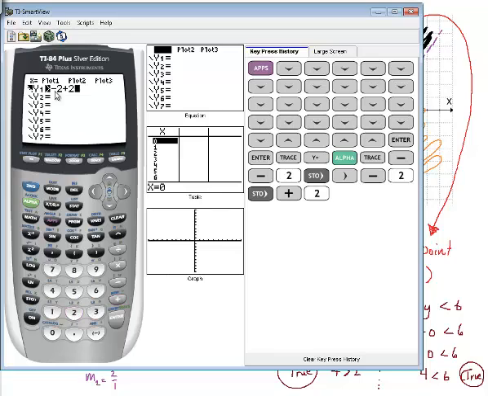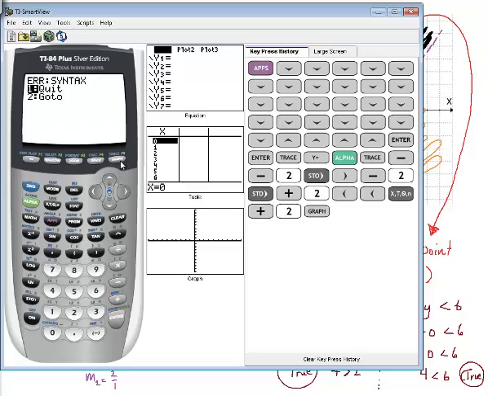Oh, I forgot my x. Let me go back and get that. Minus 2x plus 2. Alright, go down to your next one. Now if you want to see that, you can just hit the graph button. Oops, I have a mistake here. Let's go find it.